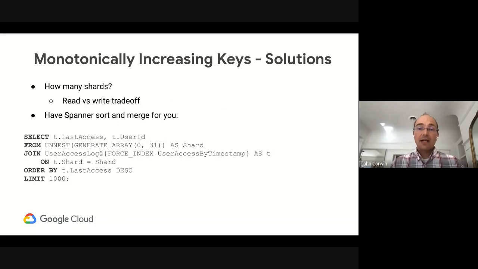So what does this mean? This means that with this solution, I can scale to 32 times the write throughput that I could have otherwise, without using any sharding. A natural question is, how many shards should I use? There's a trade-off here of read performance versus write performance. The more shards that I have, the more effectively I'm going to be able to write concurrently. But it does make my reads more expensive.